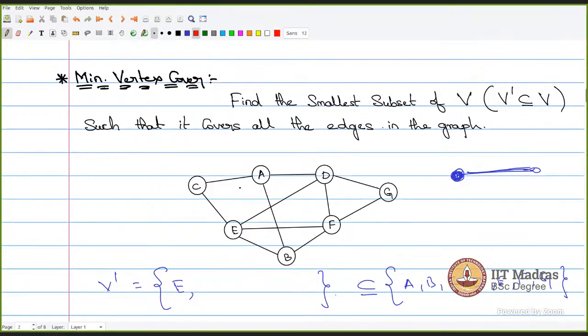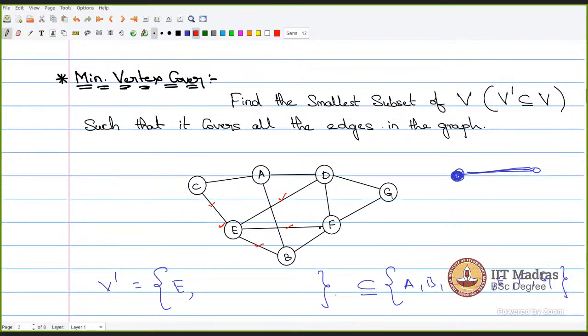See here, I have chosen E. So this edge is covered, this edge is covered, this edge is covered, and this edge is covered. So 4 edges have been covered with vertex E. Now I still have to cover these remaining edges.